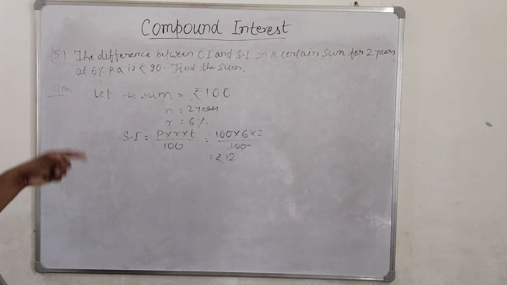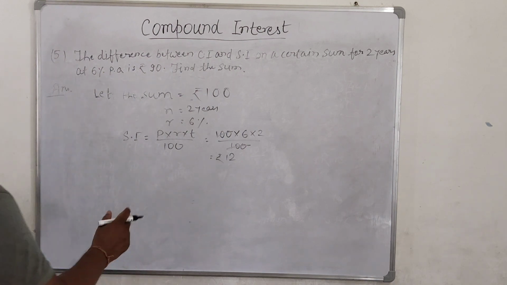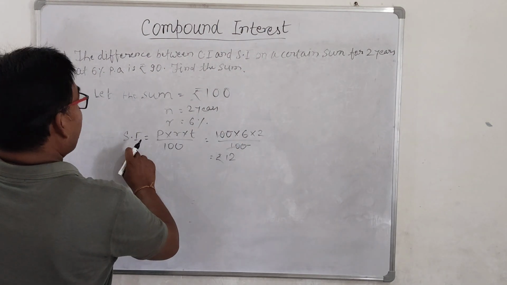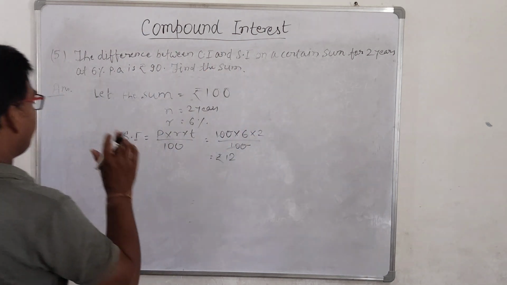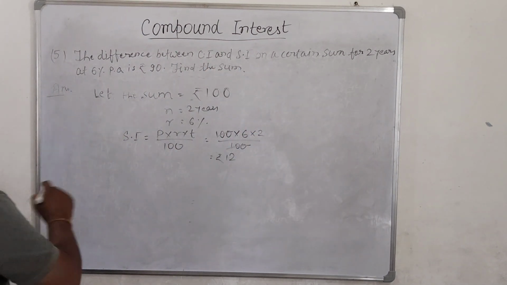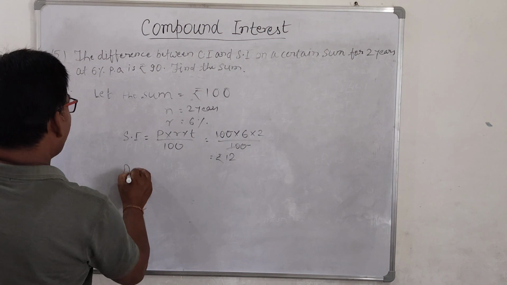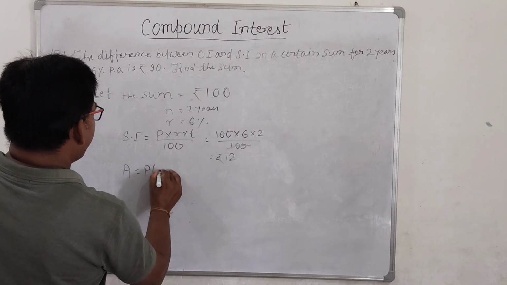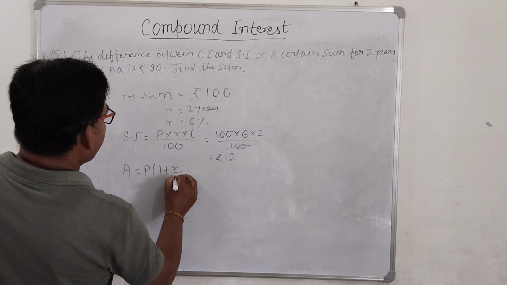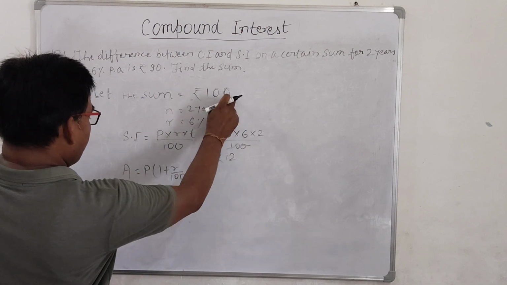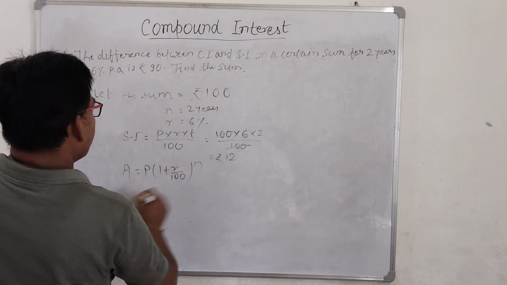Now we will find compound interest. Before finding compound interest, we will have to find the amount. Amount is equal to P into (1 plus R by 100) to the power n.